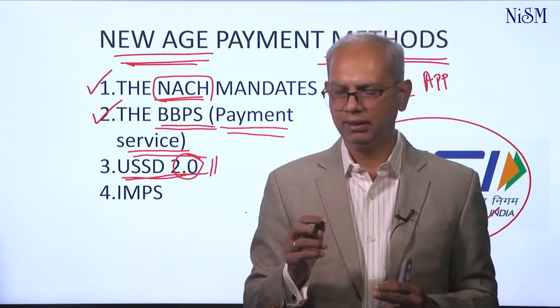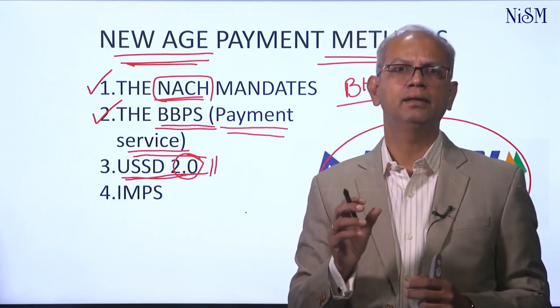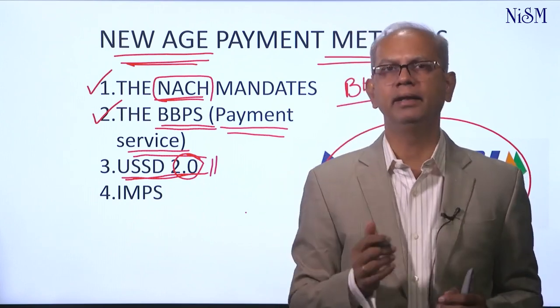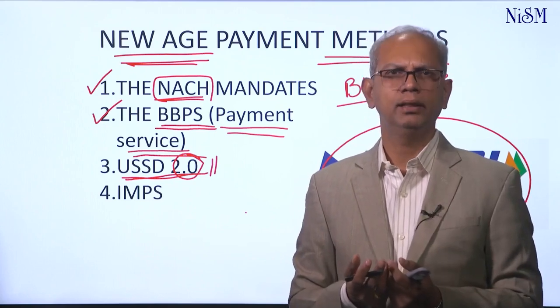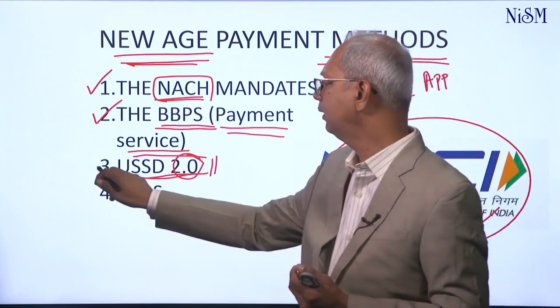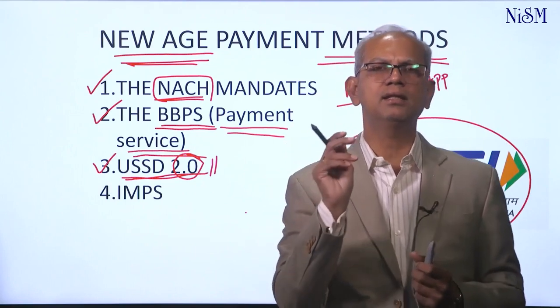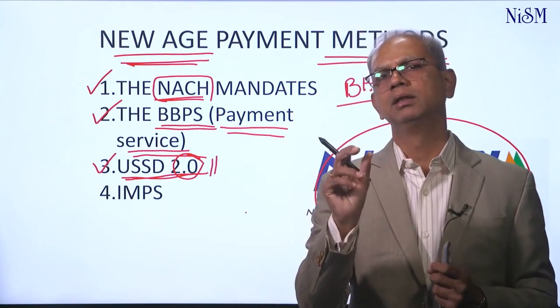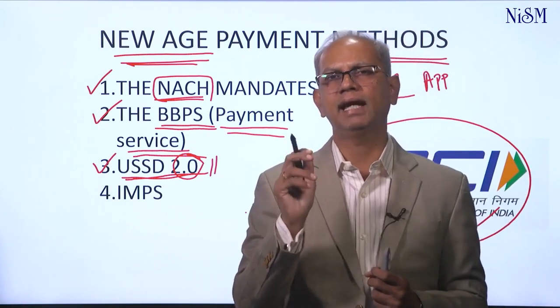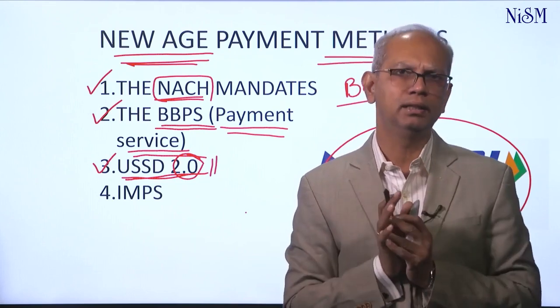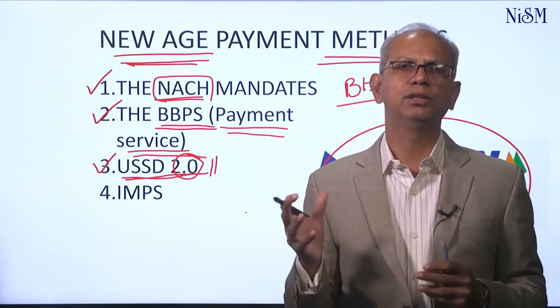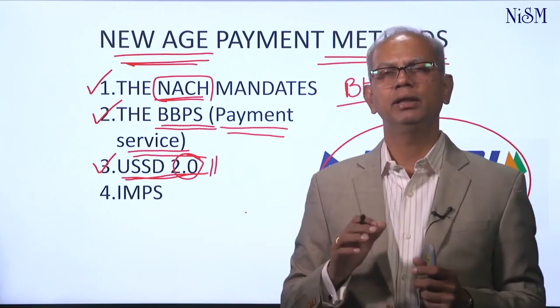What happens if the internet connectivity is suspended? Can you make a payment today? You can. You can make this payment through USSD. So it uses only the carrier's network, if the carrier has network capability, which means we are actually talking about a 2G kind of system.